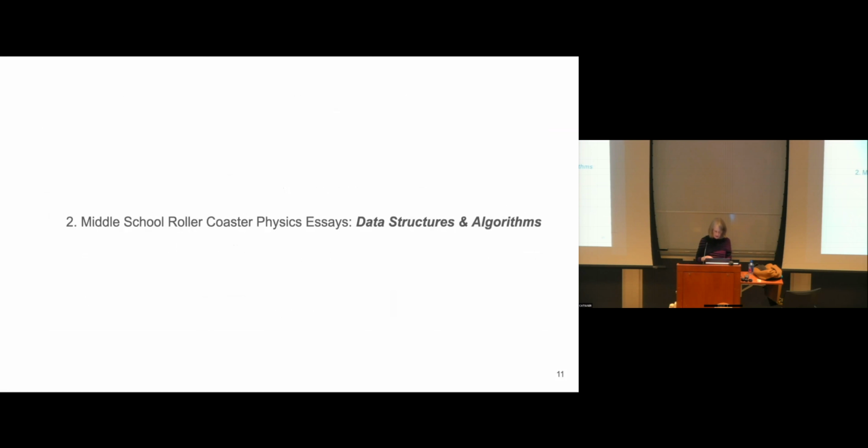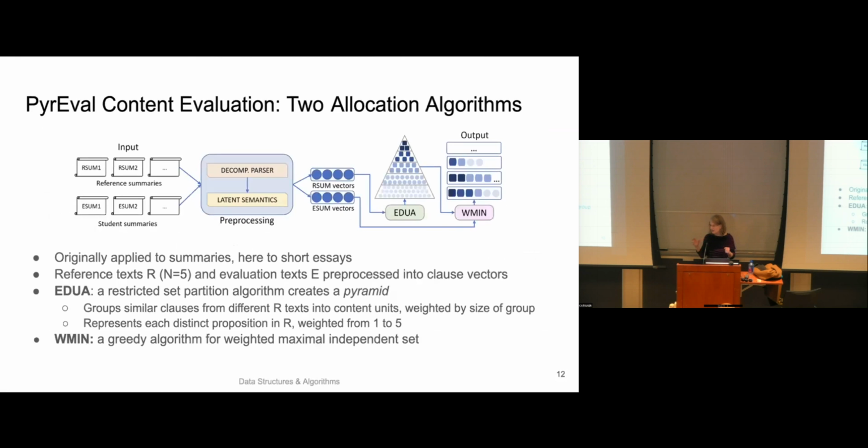middle school essays. And I think I'll just see if I can squeeze in the time to give you a little historical background, which is way back when I was working on summarization at Columbia University with a bunch of people there. I worked with a PhD student at the time, Ani Nenkova, who's now at Penn, on how we can assess machine-generated summaries.